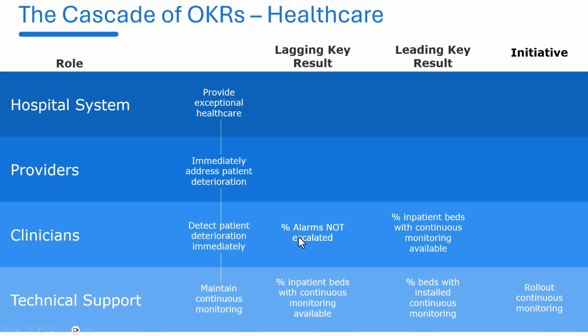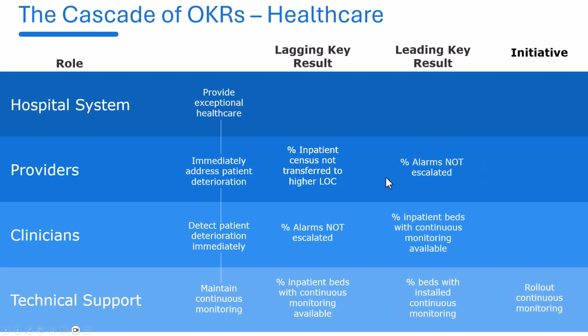Now, once again, interestingly enough, their lagging key result becomes a leading key result for providers. The lagging key result for them might be something like inpatient census not transferred to some higher level of care. Now, this is important because in order to achieve this outcome, they need the capacity. Providers need the capacity that is currently consumed by false alarms.